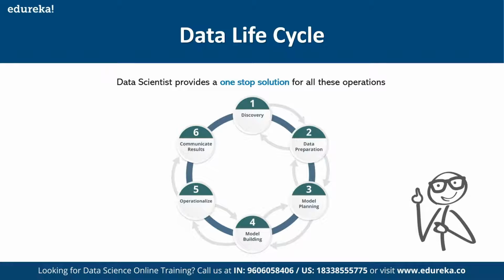Then you'll start your model building exercise, like dividing your data into training, validation, and test data sets. You'll build your model, do multiple rounds of model building, and test your model's performance.